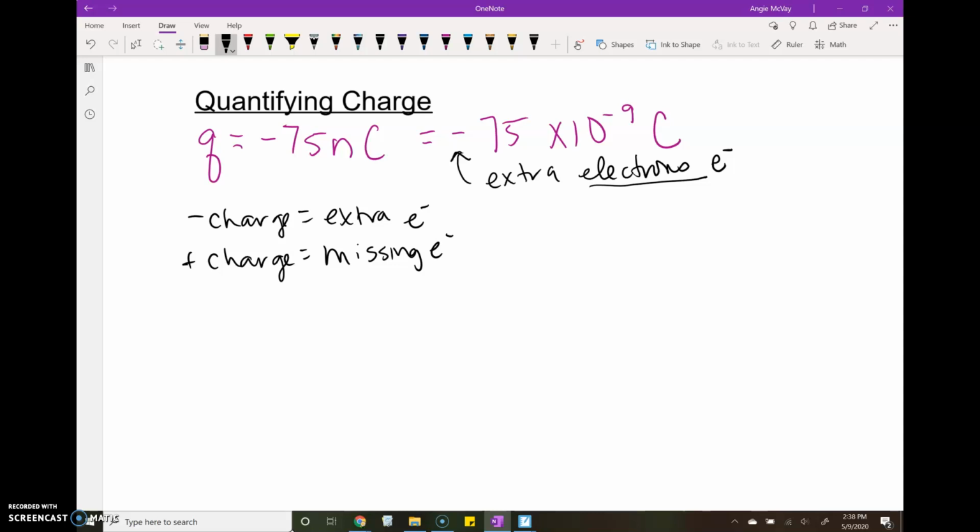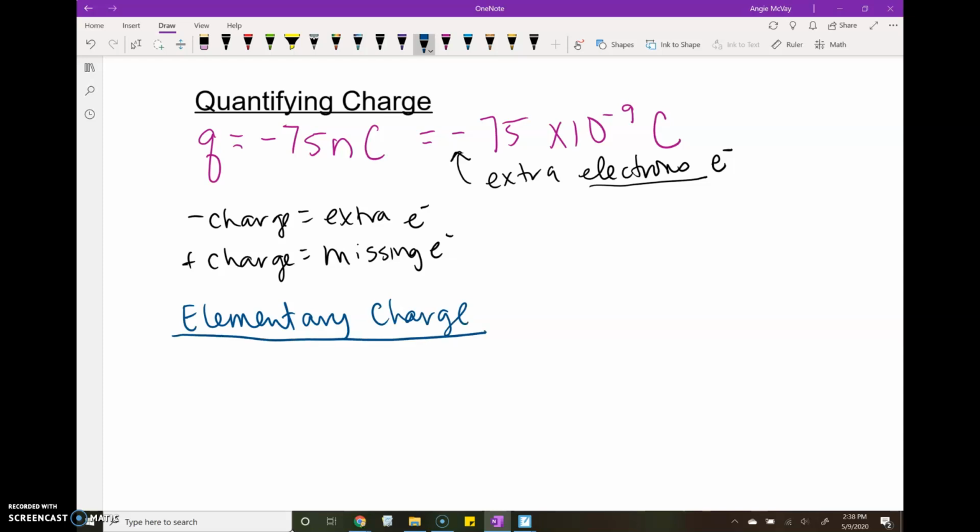All right, so what charge does one electron have? Okay. Well, one electron has what's called an elementary charge. And that doesn't mean it's in like second grade or something.